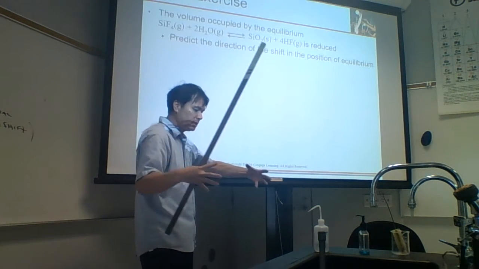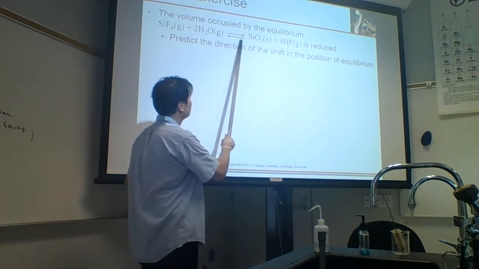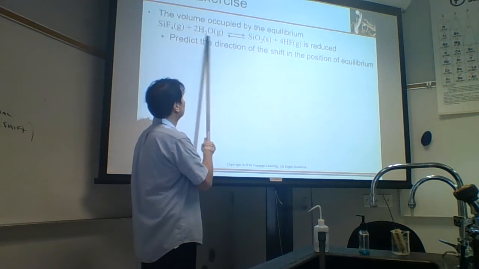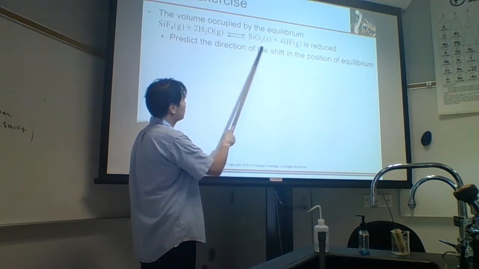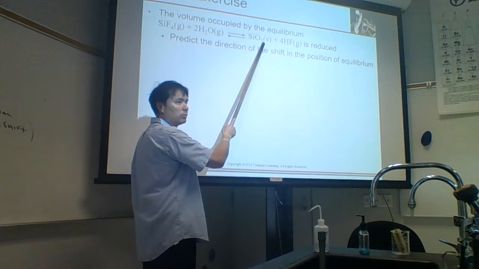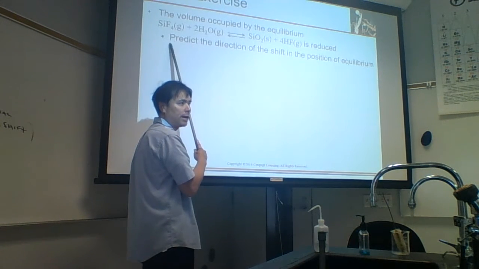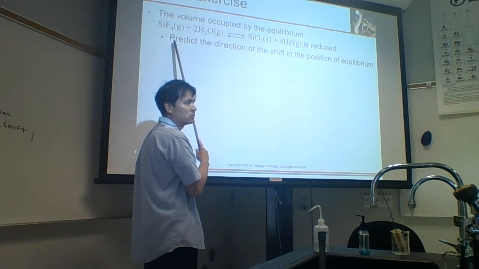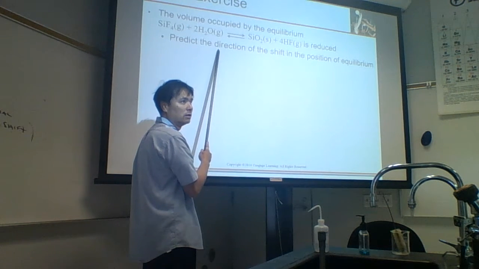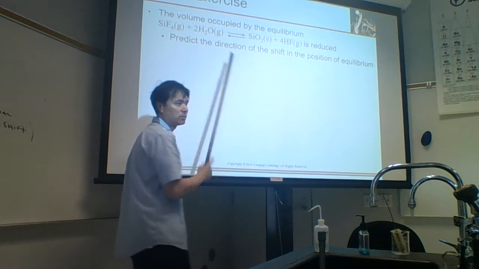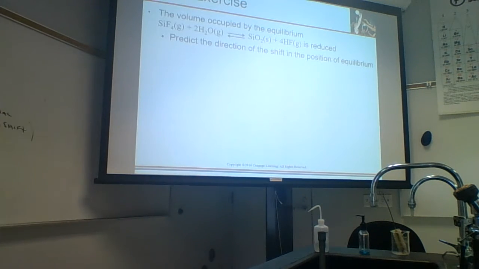And so you're squeezing this down, then we're going to have this reverse reaction occur, which makes 75 liters versus 100 liters. In other words, reducing the volume favors the smaller side, which is the left. And so we expect to shift left in this particular reaction. Decreasing volume favors the side with the smaller volume.